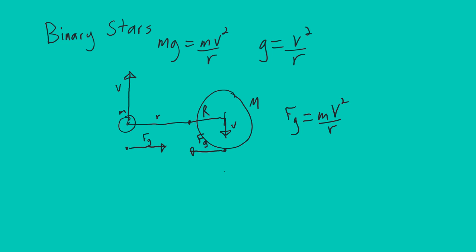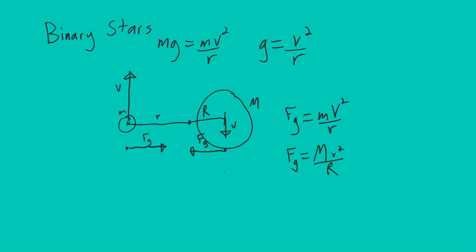Then for the big star, we had a large mass and a smaller velocity and a smaller radius. So these things cause them to balance out. They end up having the same force of gravity, which means that they will also have the same acceleration and force of circular motion.